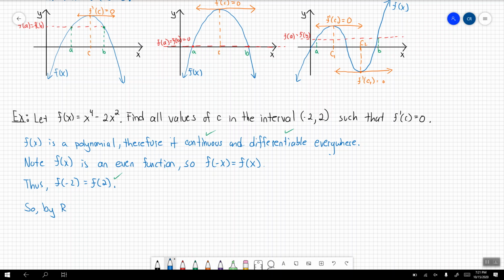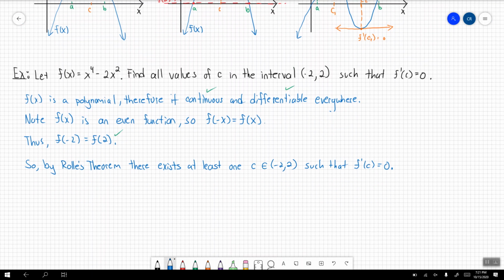So by Rolle's theorem, there exists at least one c in the interval from -2 to 2 such that f prime of c is equal to 0. And this example wants me to find it. So we're going to go through and we're going to find it.